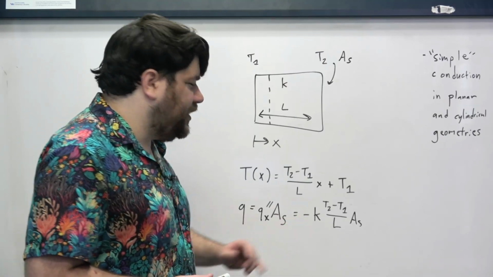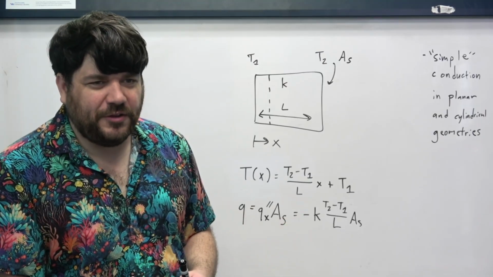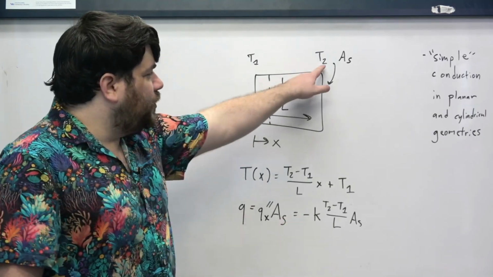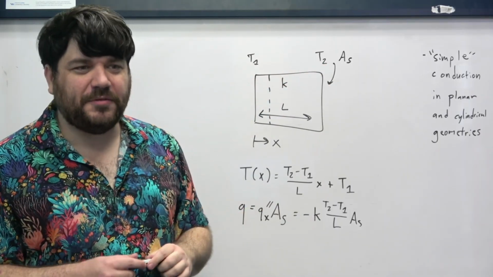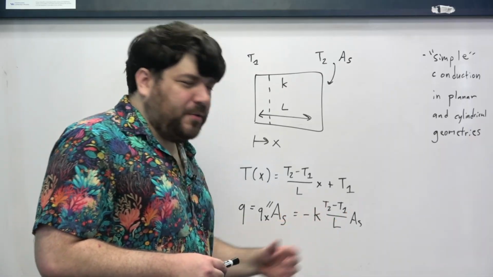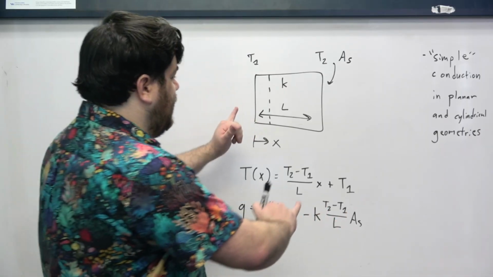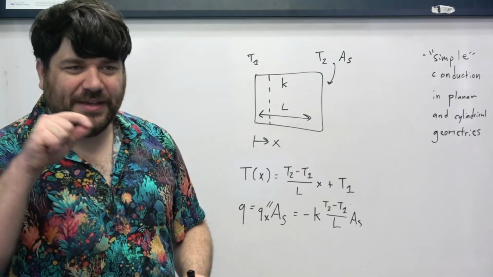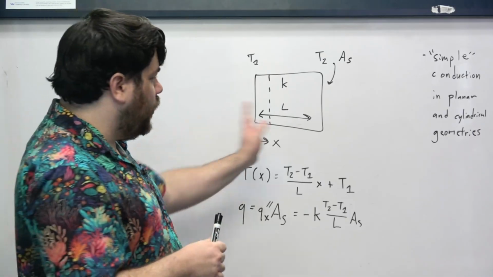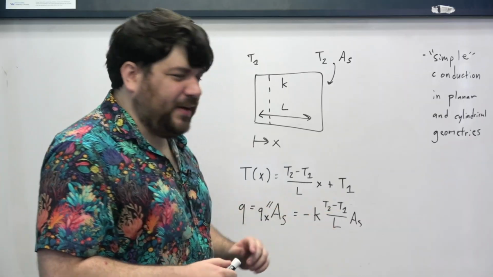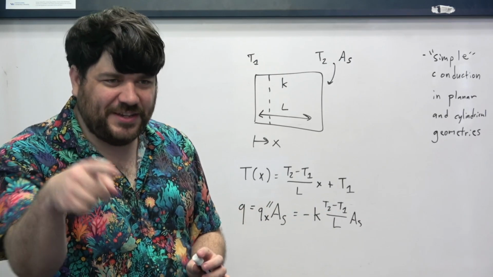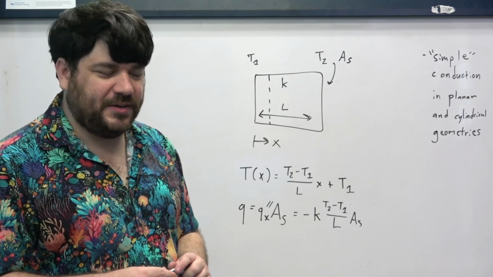Now the negative over here doesn't actually tell us that much meaningful information because remember, we don't know whether T2 minus T1 is negative or not. That depends on the setup of the problem. But we do know that whenever I have a planar wall, the heat transfer rate through the wall is going to be proportional to this temperature difference. That's going to matter. We're going to see why that's an important piece of information in a second.